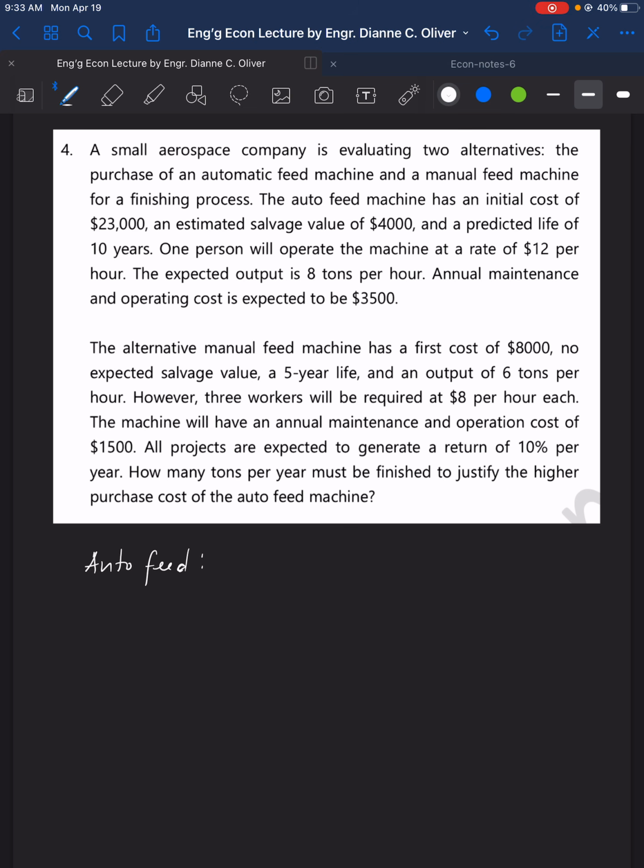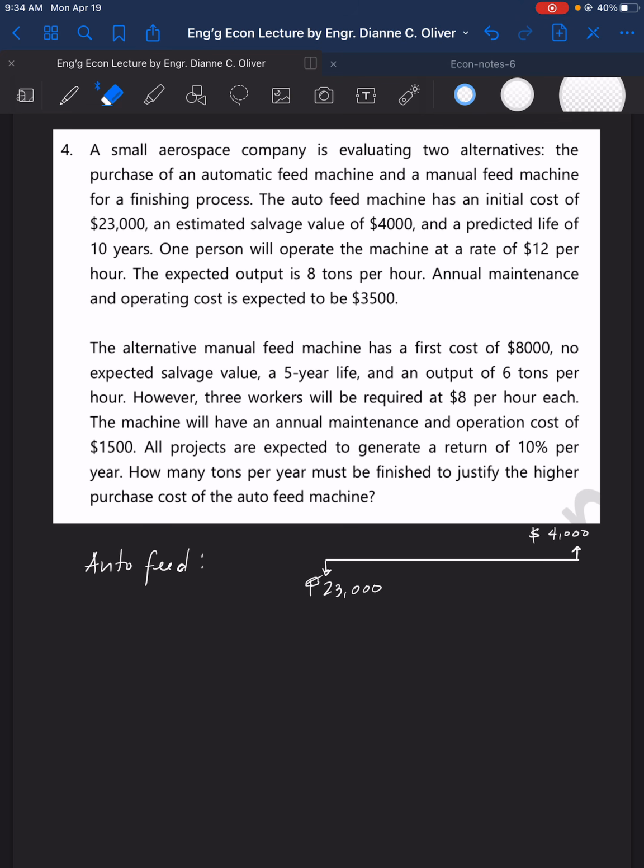Now if you imagine this in a cash flow diagram, downward for the cost, so that is 23,000, the first cost, and then you have the salvage value upward because it is a revenue, so a positive inflow of cash, so $4,000.